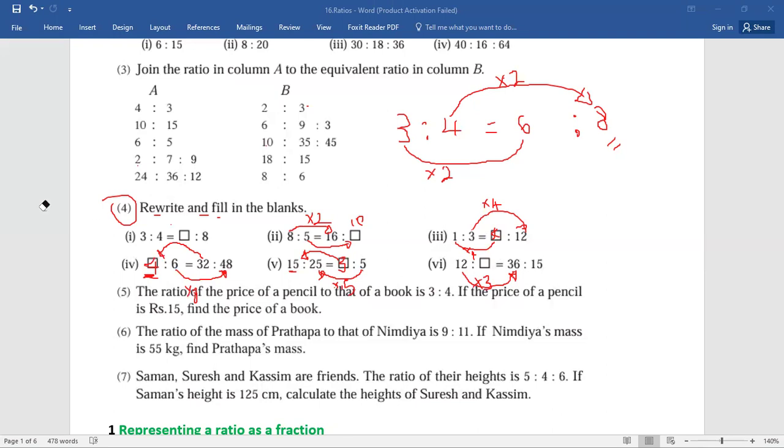Then you have to multiply this empty place by again 3, right? From here to here. So then you can obtain 15, right? How do you obtain 15? By multiplying a value by 3.